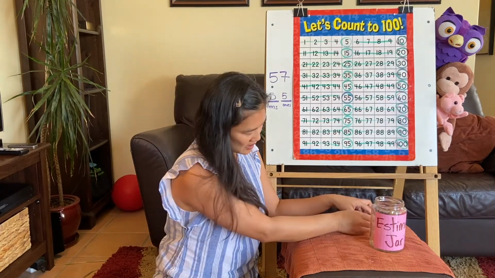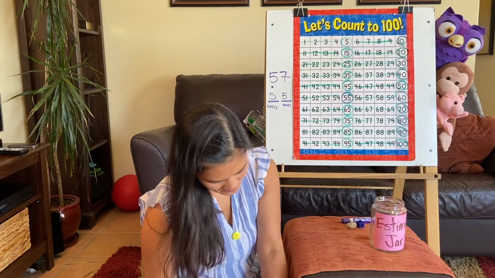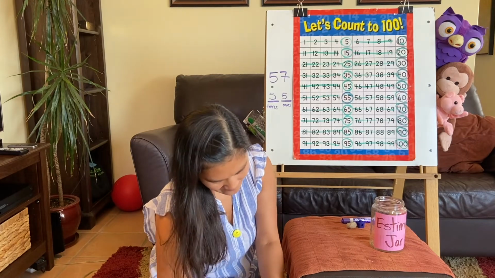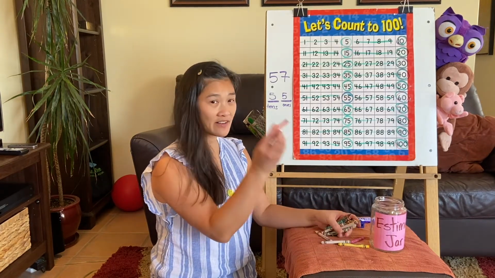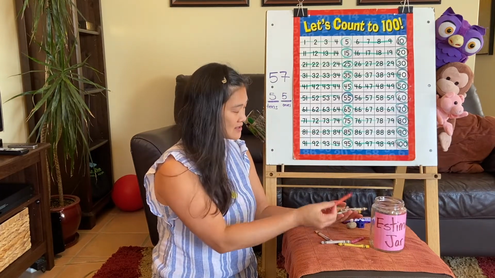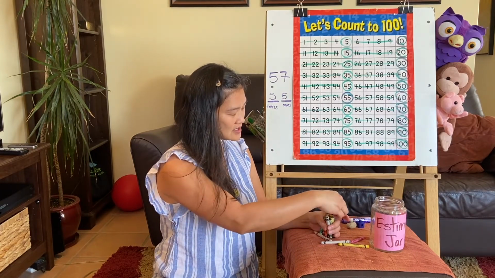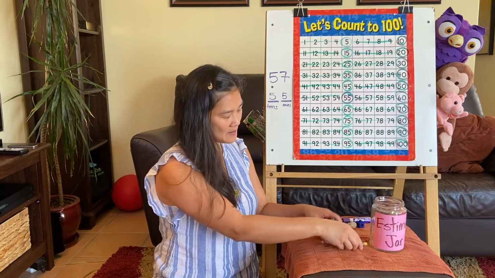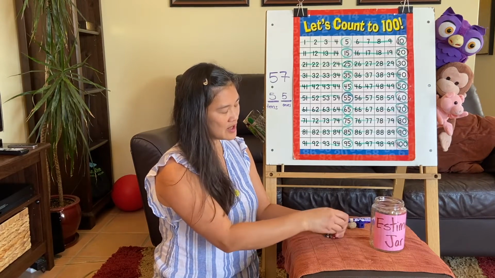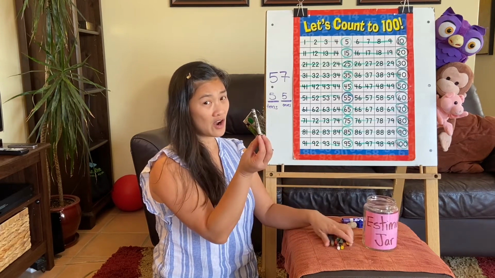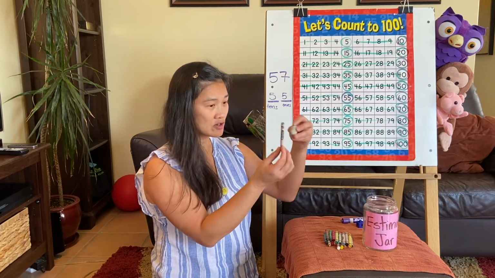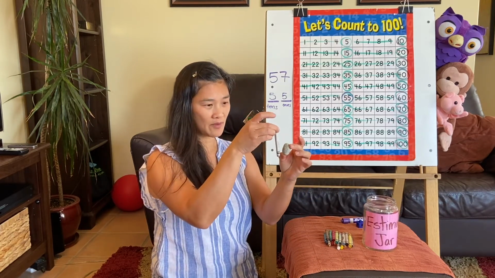But now this week, guess what I have for you? I have crayons. Now these aren't the fat crayons that we use, the jumbo size. These are just regular size crayons. How many crayons do you think will fit in here? They're a lot longer or taller, if I put them this way.